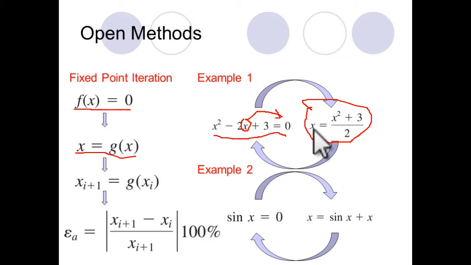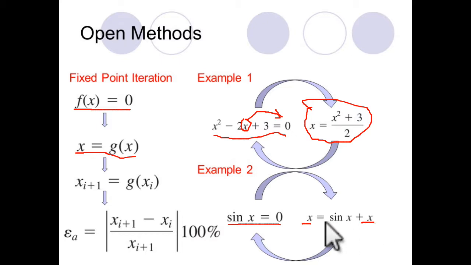Now this is how we modify the function. What if it's very difficult to extract the x from the equation, as is the case here, for example finding the roots of sine x? What we do in this case is we add x to both sides, and then you put the initial guess here, x plus sine x.